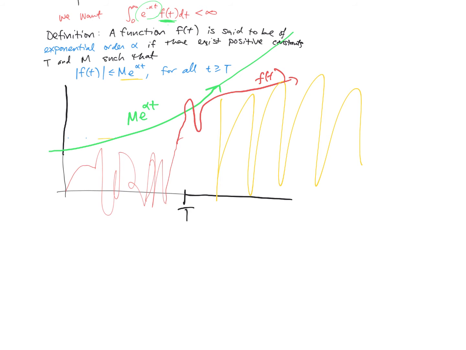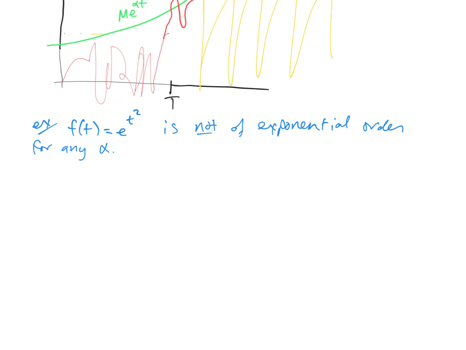And let's see an example of a function that doesn't have exponential order. So let's think about f of t equals e to the t squared. So this is not of exponential order. And we can see that by thinking about, remember, we're only concerned about what's happening as t gets large. So that's really in the limit as t goes to infinity. So think about e to the t squared over e to the alpha t.